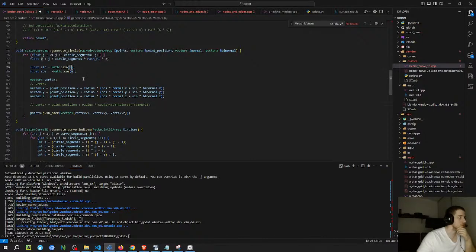Yeah, s I think is the segment, so this is cosine. But it's pretty much the same equation that ChatGPT gives. The only difference is that here it's putting the radius outside, but it's basically the same thing.